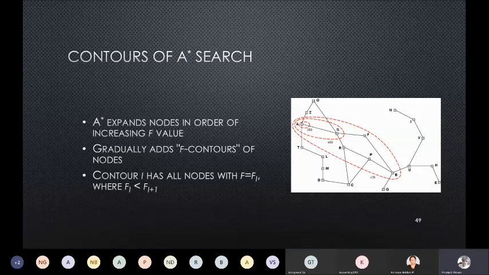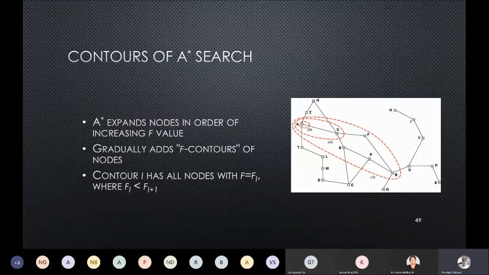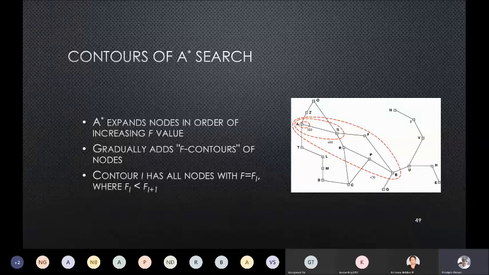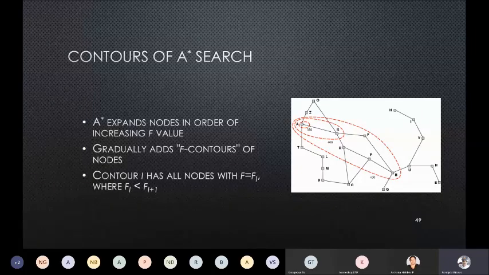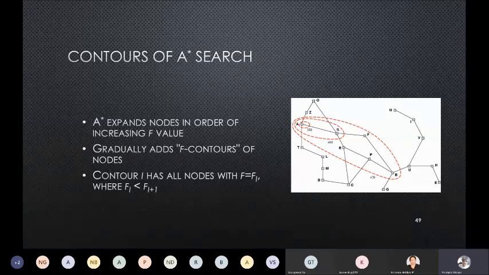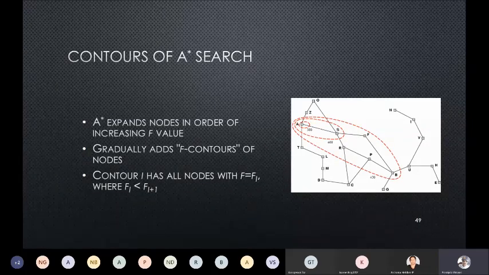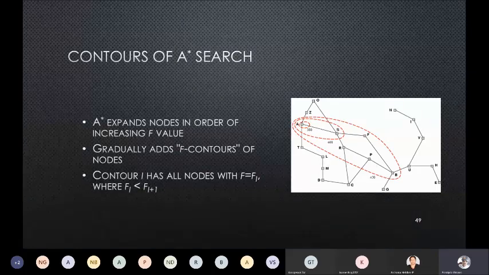And this way the algorithm works is called the f contours, and this is also a proof of why this algorithm is optimal, because we can prove the optimality using the method of contradiction: if the path is not optimal and there is one goal node which can be reached at a lower cost, then A star search cannot go to a goal node with a lower f value before expanding all nodes which are at a lower f value than the present value.